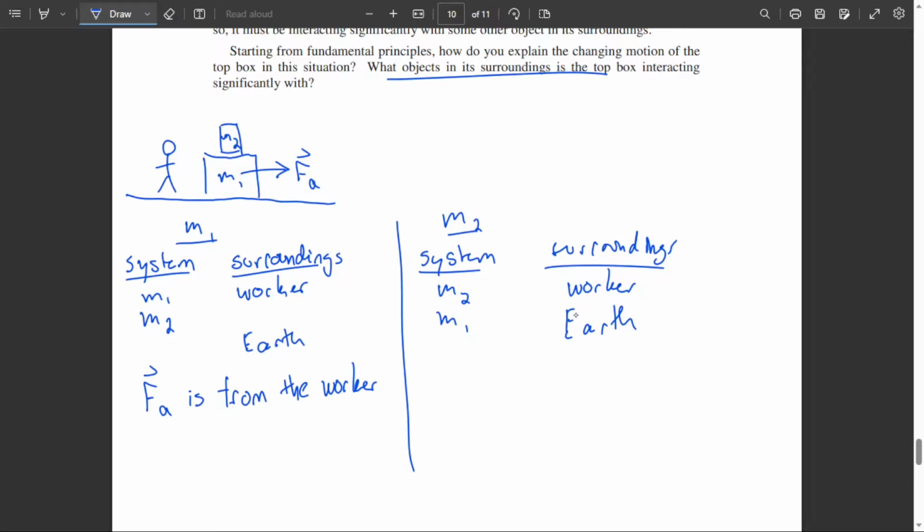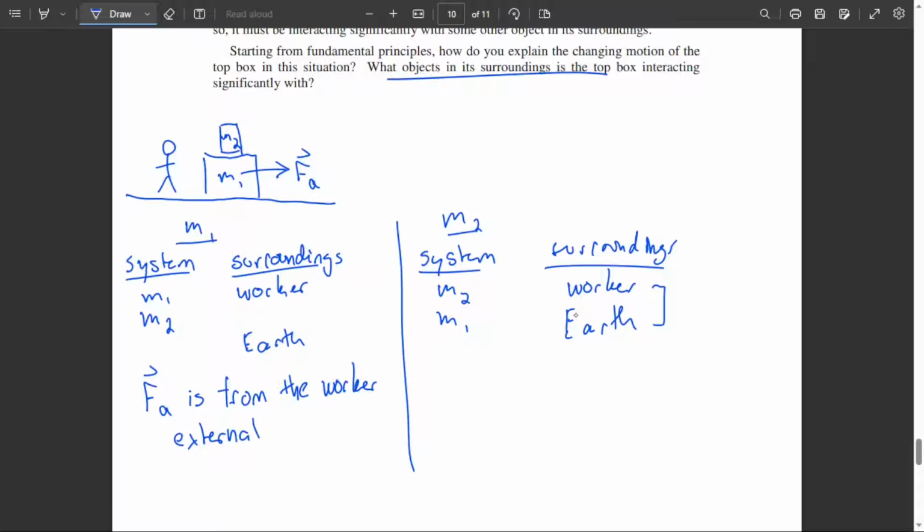Here, the force to the right is external because it's being done by the worker. We know M2 is also moving to the right, but the worker is not touching it, and the earth is only acting on it in the vertical direction. So these two objects cannot be affecting the top box.